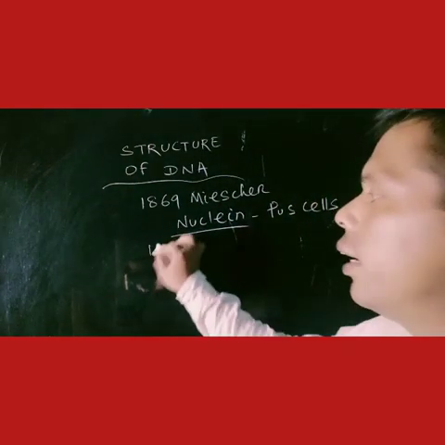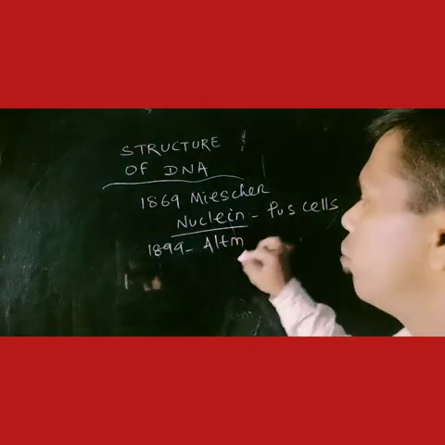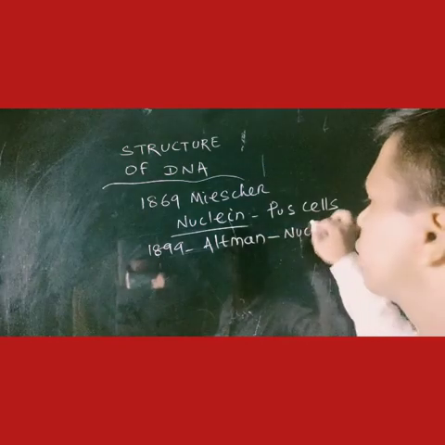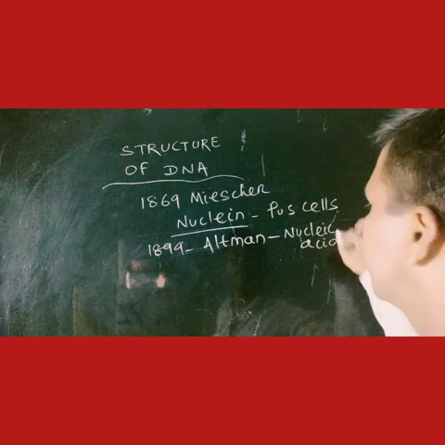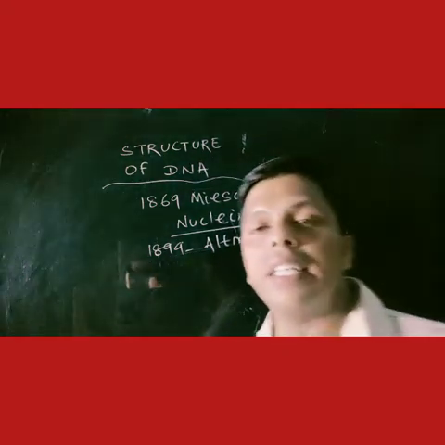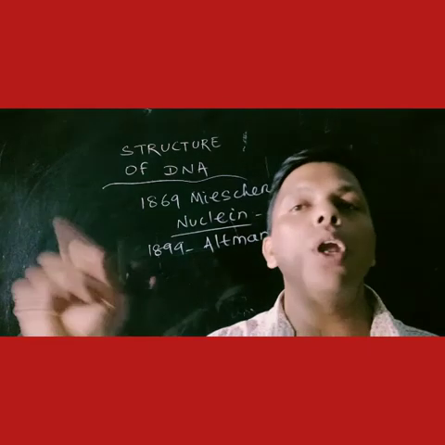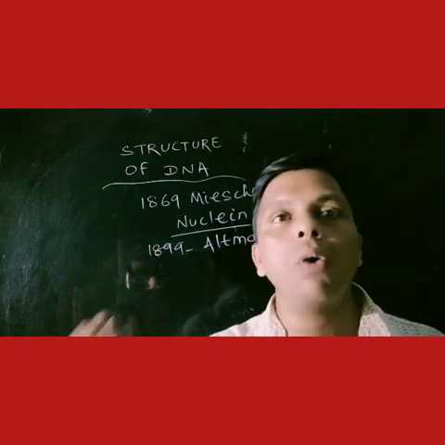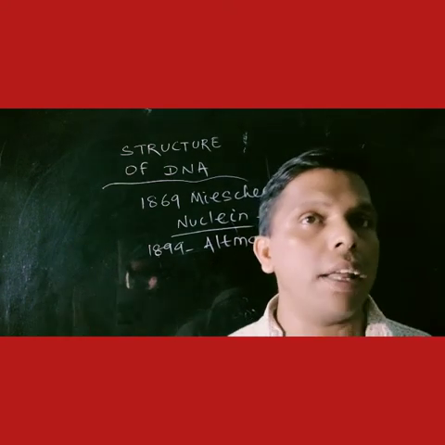In 1899, Altman described the nuclein as nucleic acids. These are synthesized inside the nucleus of the cell. The nucleic acids are either DNA or RNA.